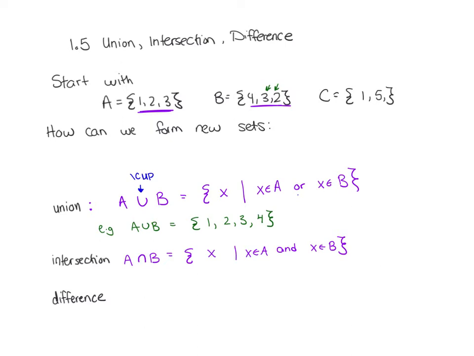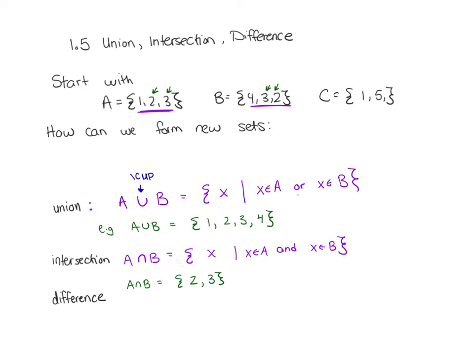Here it needs to be in both sets. So in my example, A intersect B, I look at the stuff in that overlap. 2 was in both of my sets, so I'm going to list that. And 3 was also in both, so I'll list that. So the union is all of the stuff together, and the intersection is just the stuff in that overlap.